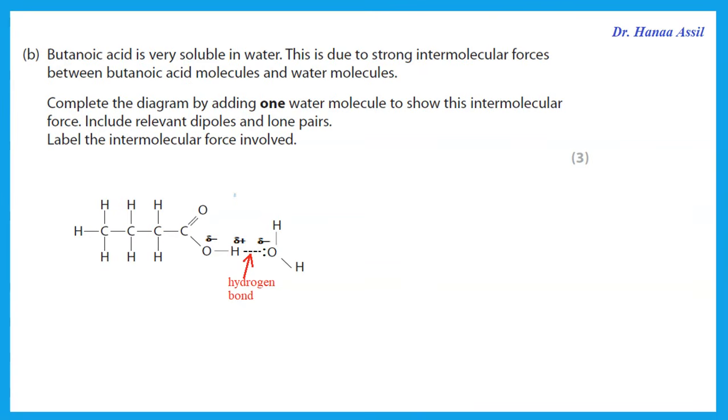The oxygens are slightly negative and the hydrogen is slightly positive. And remember that this bond is at an angle of 180 around the hydrogen. So this O-H-O should be on the same line. The angle is 180.